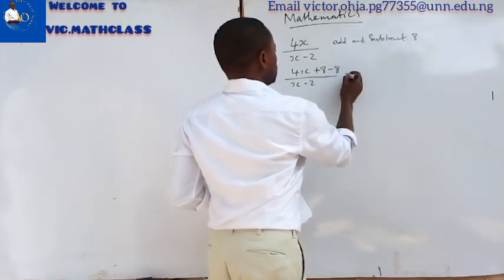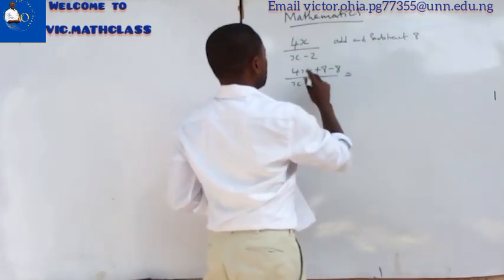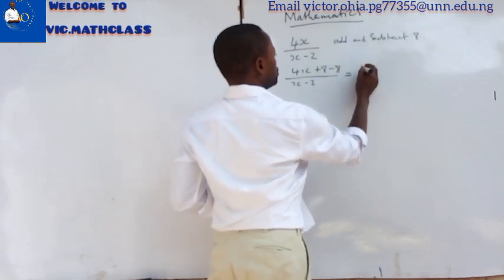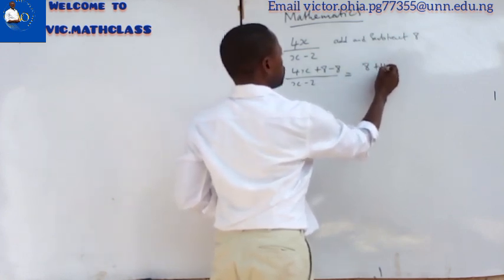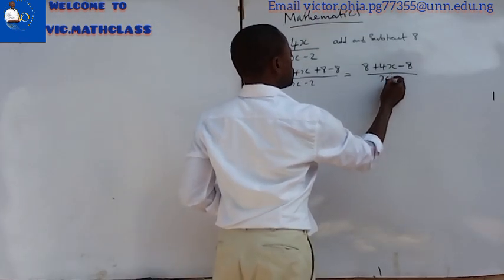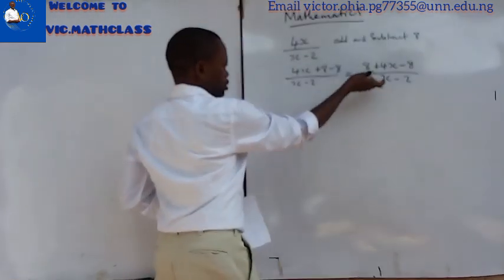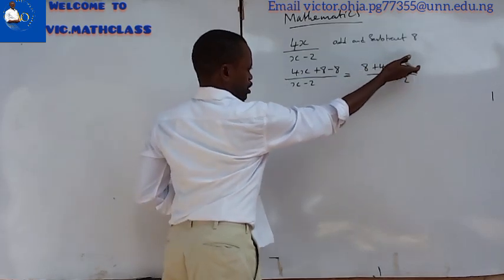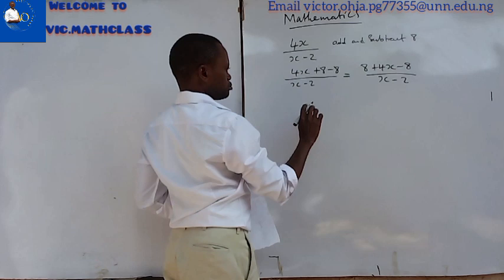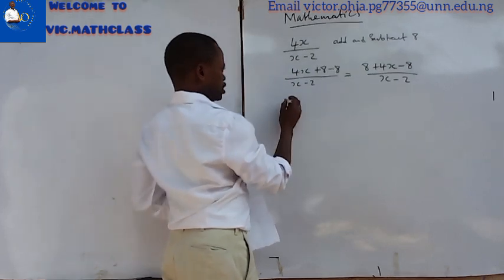All right, if I extend this now, I can bring over here 8, plus 4x minus 8 over x minus 2. Within this 4x minus 8, I can just take a factor.